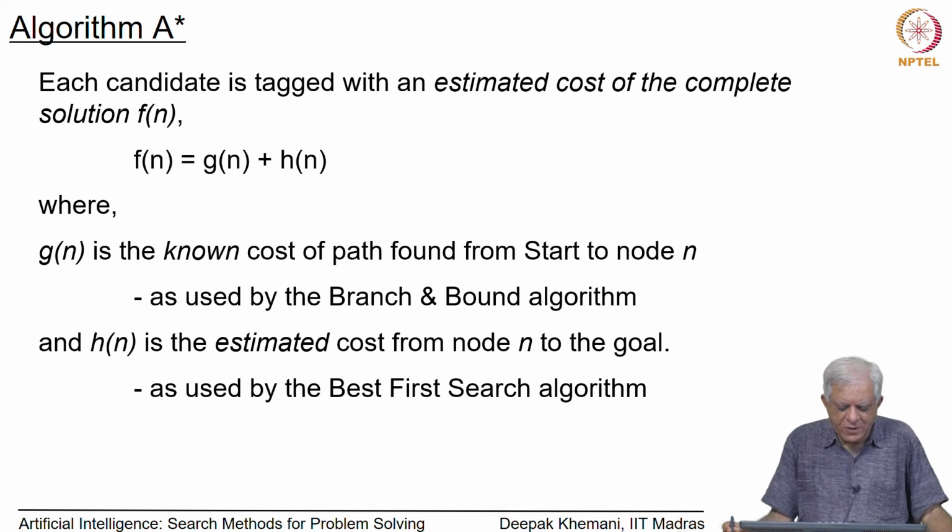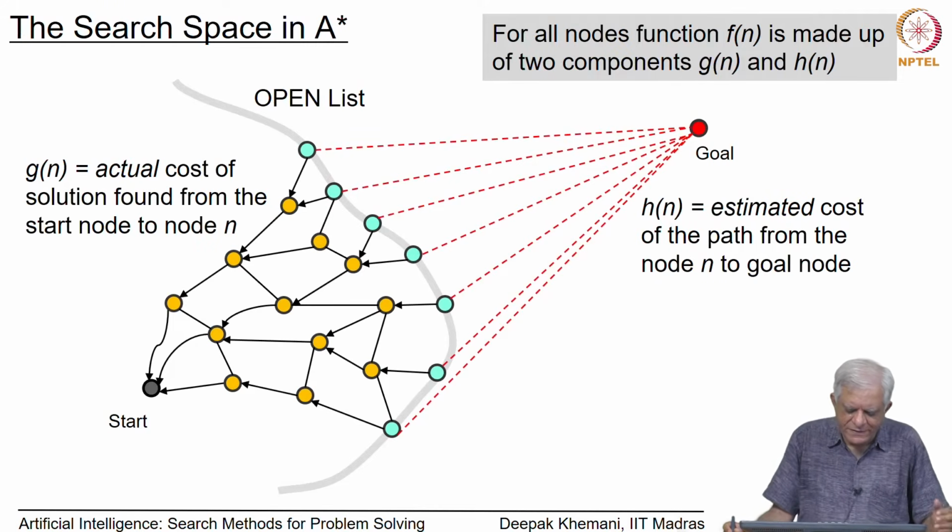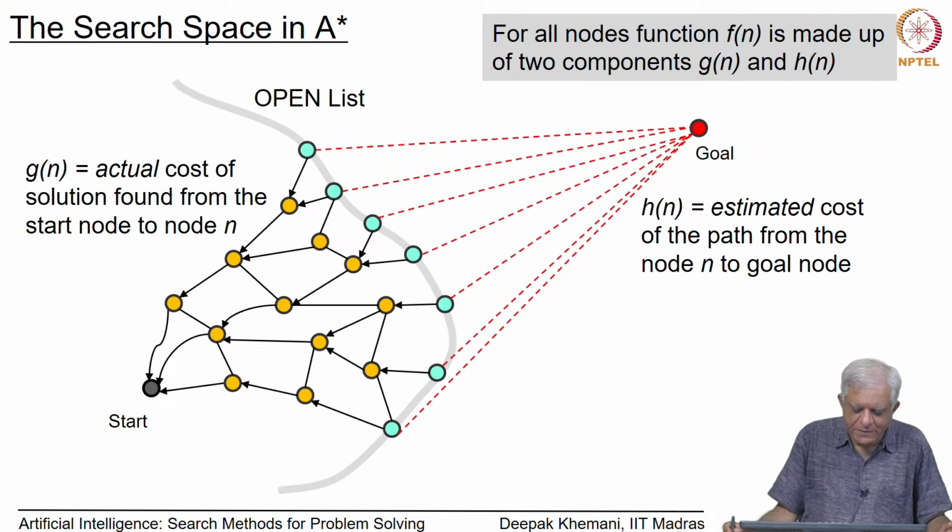So, at any point the graph that it is searching, which is an adaptation of the figure that we just saw, looks like this. These nodes in orange are the closed nodes that have been explored, and the nodes in cyan here are the open nodes that are the candidate nodes. The dashed red lines are the estimated distance from each of these nodes on open to the goal node, and the back pointers from the nodes on open are the best path found so far.